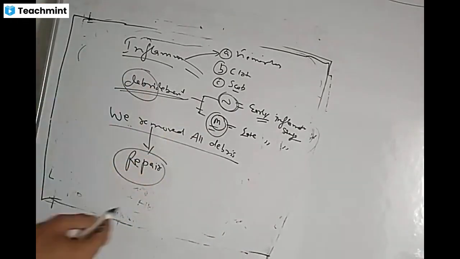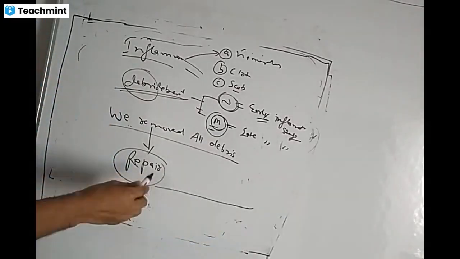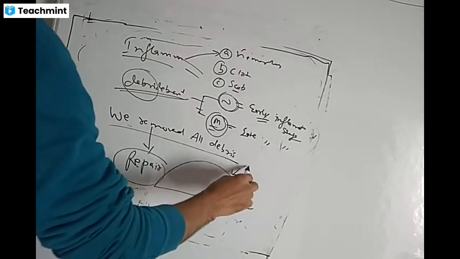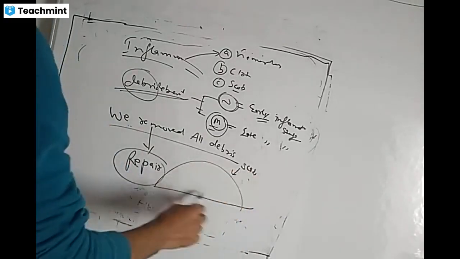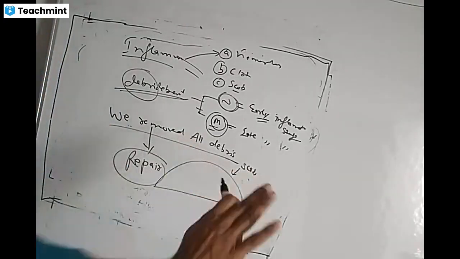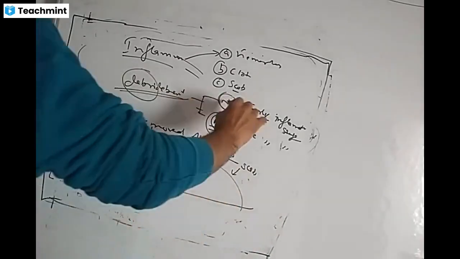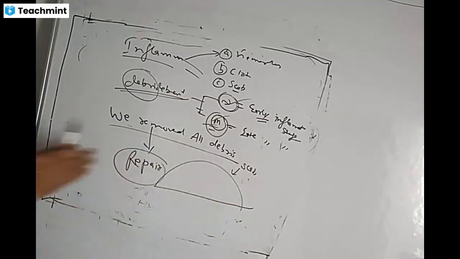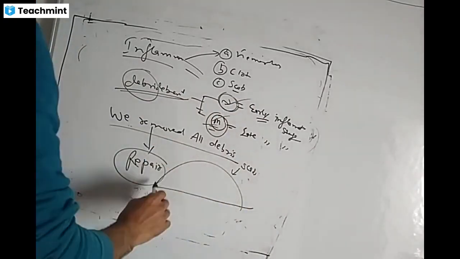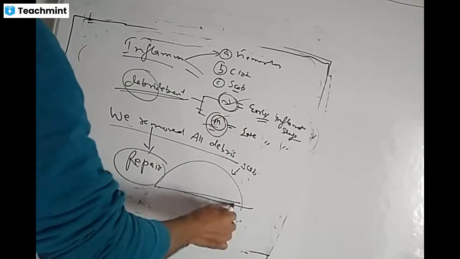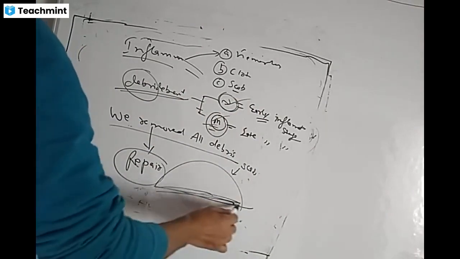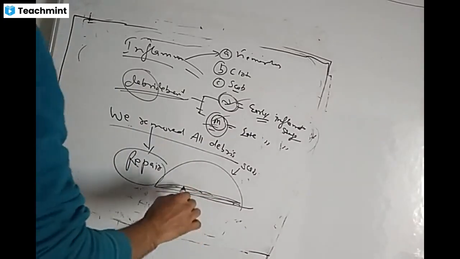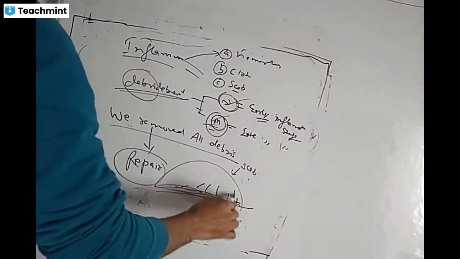So in repair phase, this surface which is under the scab, see, scab is there. Here the area is cleaned with the help of these neutrophil, monocyte, macrophages, everything is cleared. After this, we'll deposit collagen fiber. Then we'll do granulation tissue.